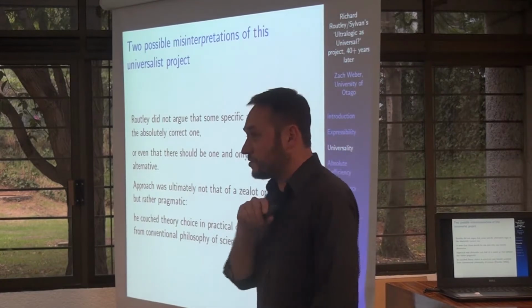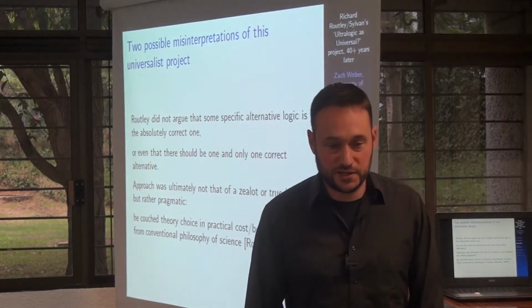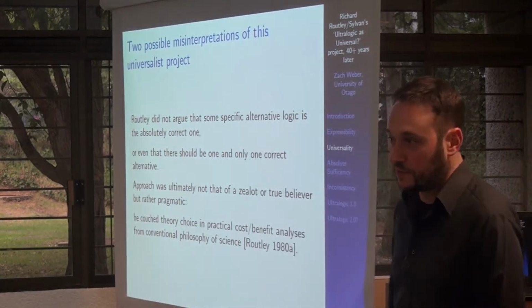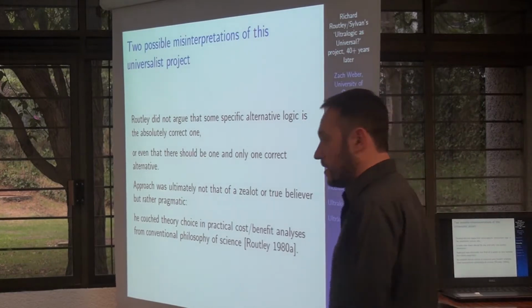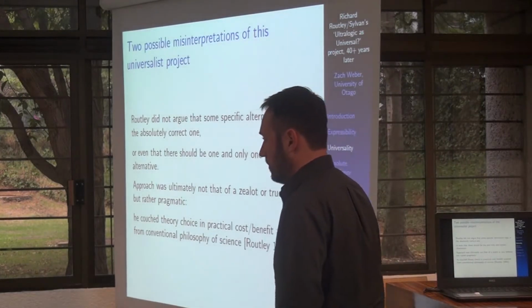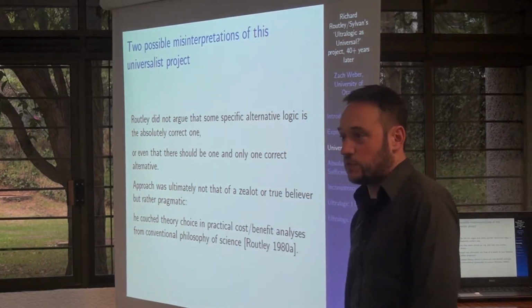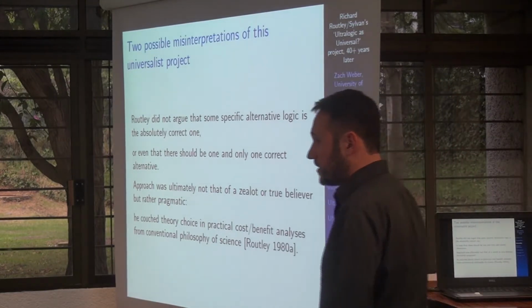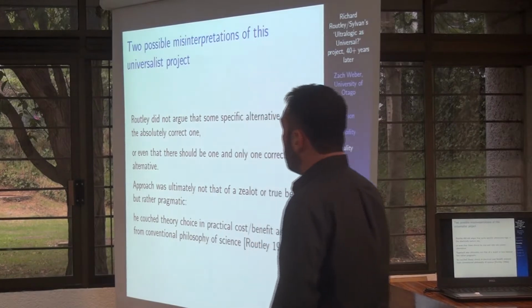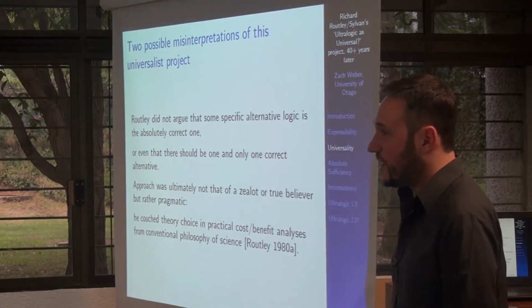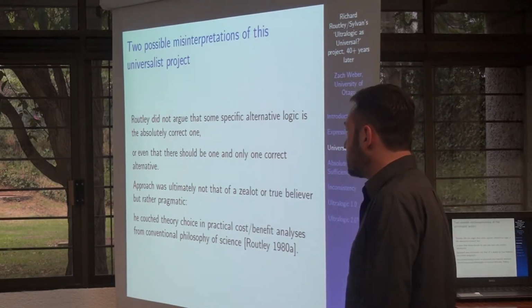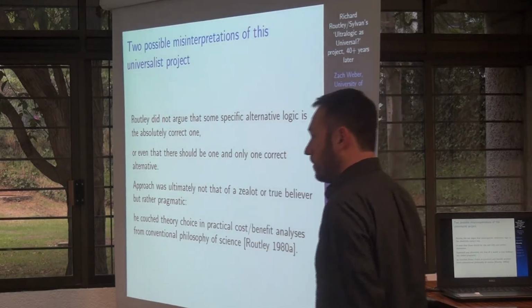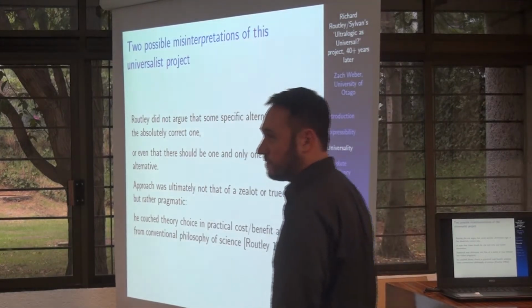There are possible misinterpretations of the project. I see various people, when they want to talk about logical pluralism and they want a stand-in for the obvious logical monist, they wheel in this version of Routley. I think he probably is a monist in some sense here, but there are misinterpretations here. He does not say anywhere in this essay that some specific alternative logic is the universal logic.